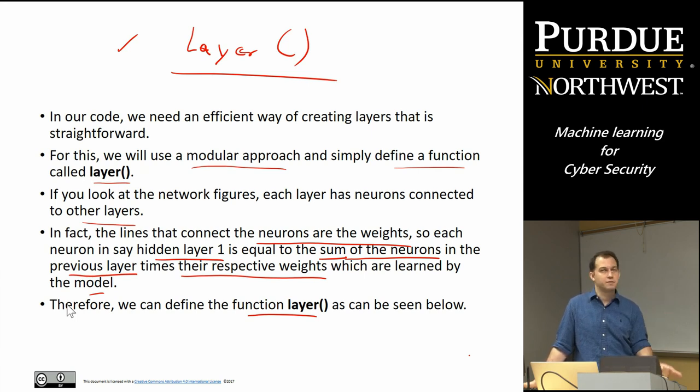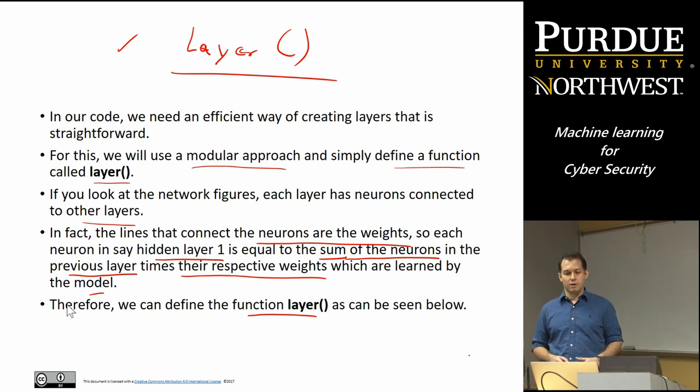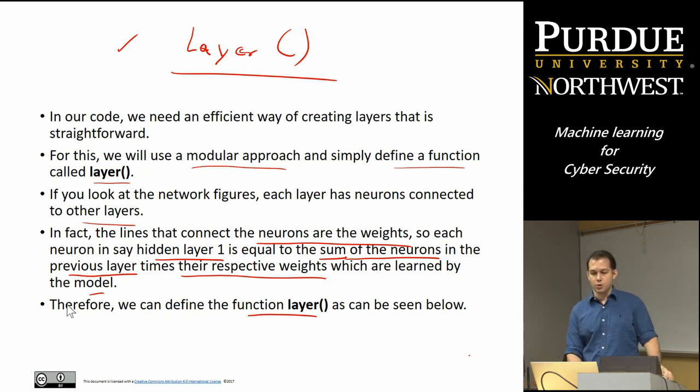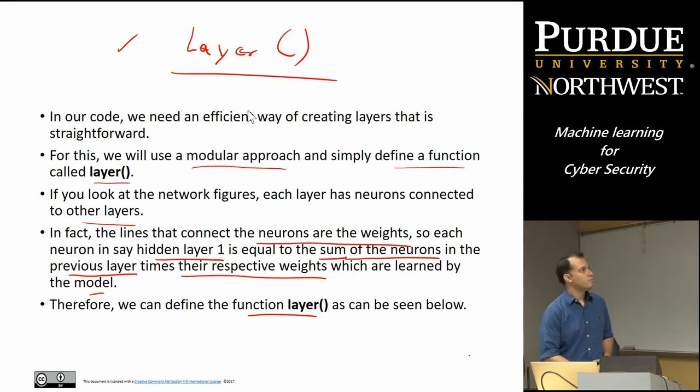If we don't use this function, it's just going to be more work for you, right? So we're going to create a function called layer that abstracts the creation of the W, the bias, and that W equal mx plus b through the ReLU function. So all of that is going to be the contents of the function layer.